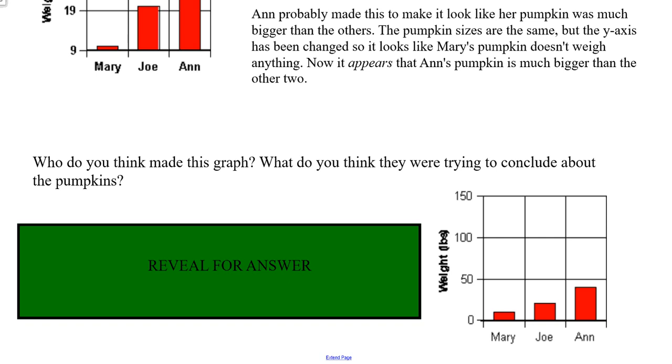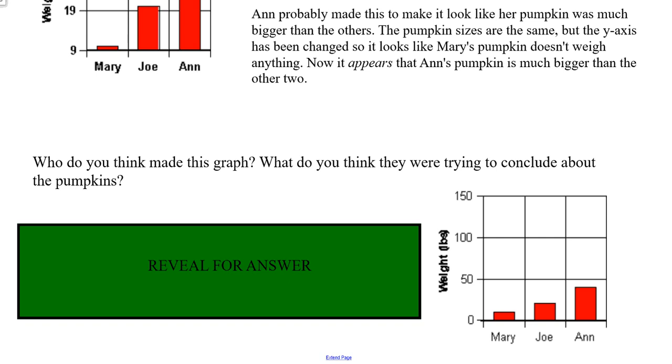Again, what about this one? Who do you think might have made this graph? This scale starts at 0, but it goes all the way up to 150, even though our biggest pumpkin is only about 40. What it does is compress the data, and it makes it look like Mary, Anne and Joe are actually not too far off from each other. Yes, Anne is still the biggest, but she's not crazy big compared to Joe or Mary.